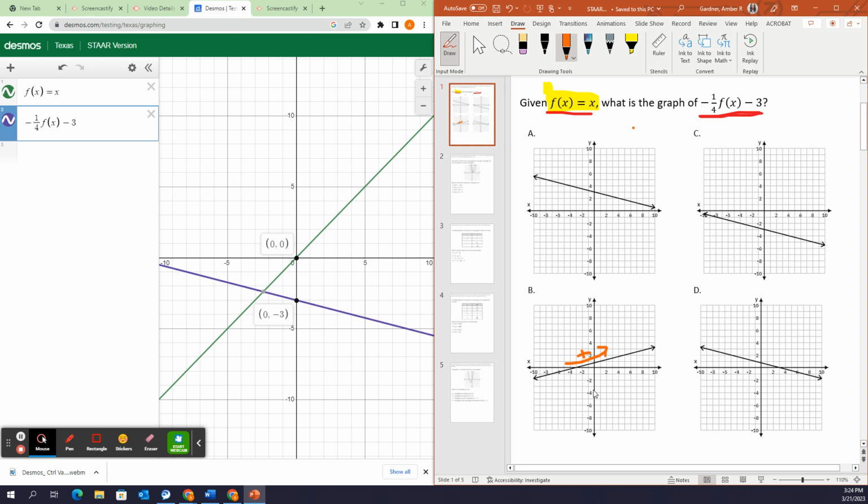It also does not have a y-intercept at negative 3 like our new purple graph does. Now, again, I can look at negative 3 on the y-intercept for each graph and see which one has that new y-intercept of negative 3. This one does not, this one does not, this one does not. So C would be our answer because C matches our new transformed graph.